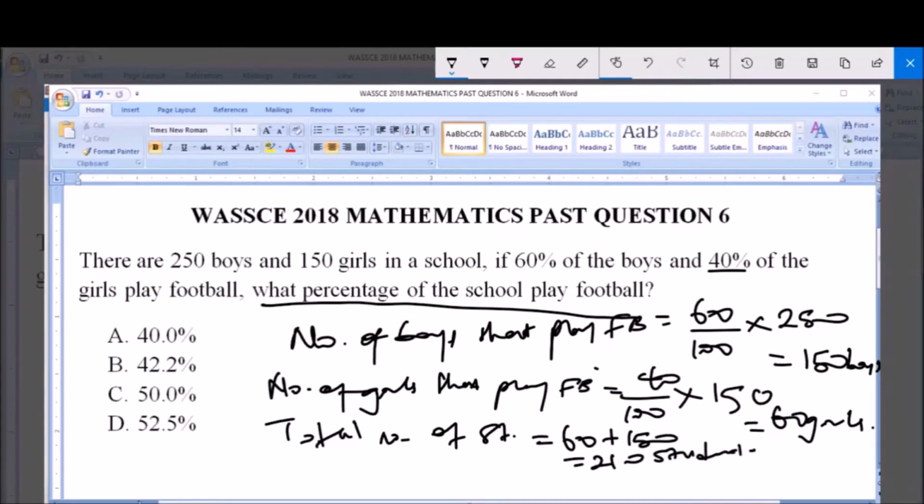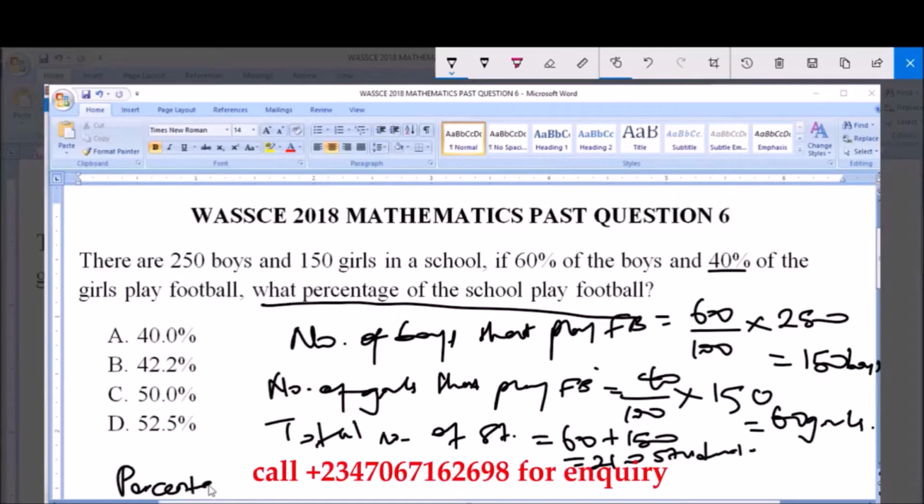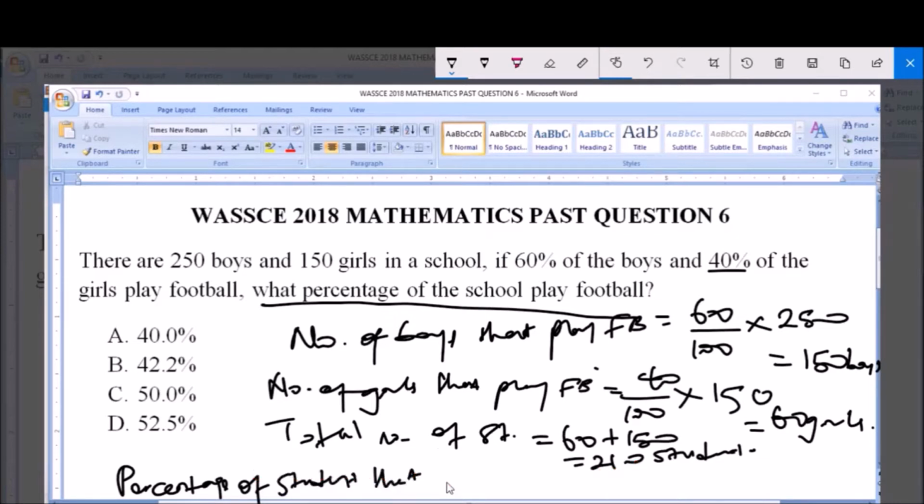Now the percentage of students that play football can be estimated as the number of students that play football, 210, over the total number of students. The total number of students is 250 plus 150, and that gives us 400.